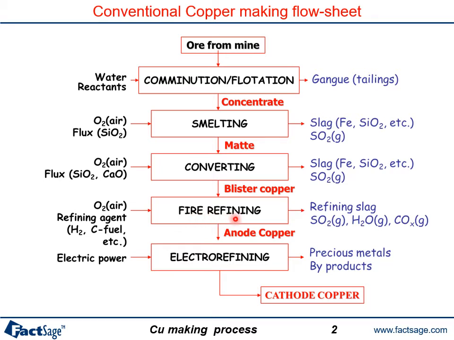And in this refining process, we try to remove the sulfur and the oxygen simultaneously by injecting the different kinds of the gas and the agent here. And then once you reduce those kinds of impurity material, you can make anode copper, which is about 99.9% grade. And then to produce the final cathode grade copper, you do the electro refining process.